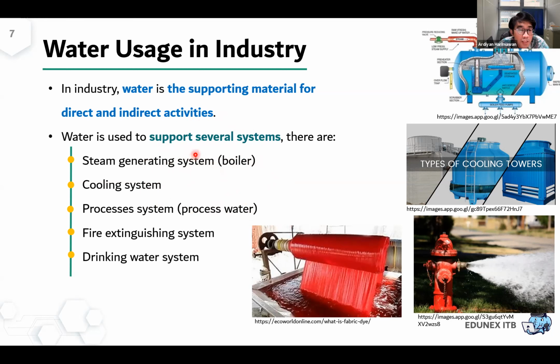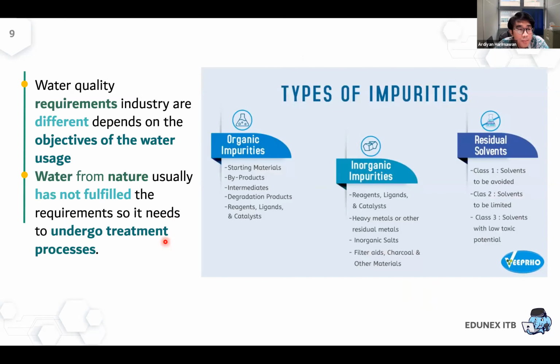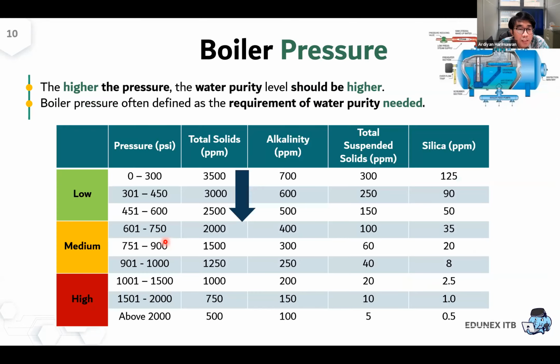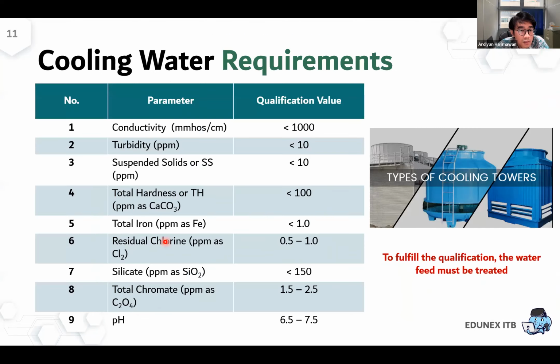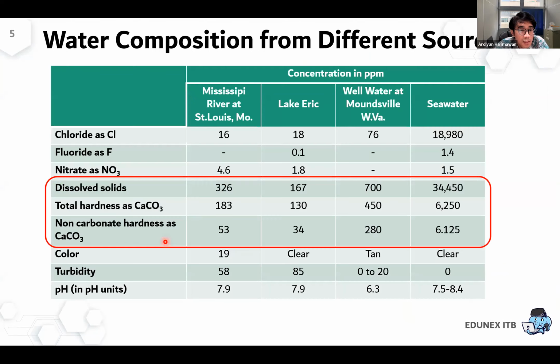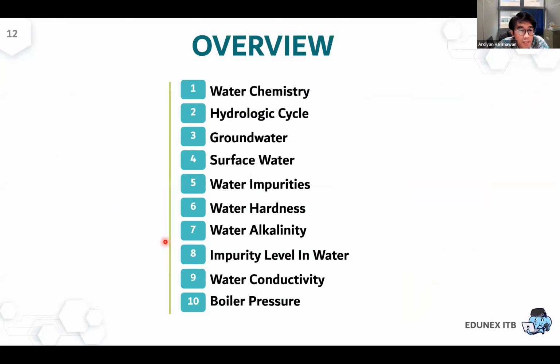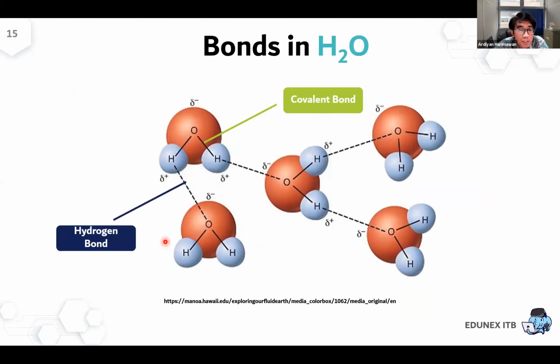But water can also be used for indirect activities, such as cleaning, the drinking water system, and also fire extinguishing. And depending on the source of the water, the characteristics of the water are different.